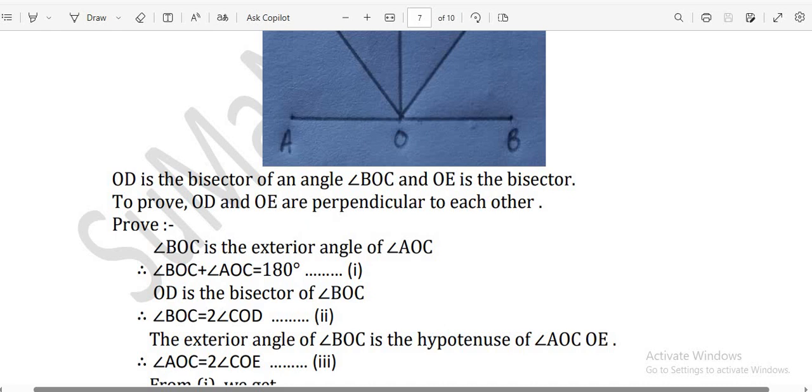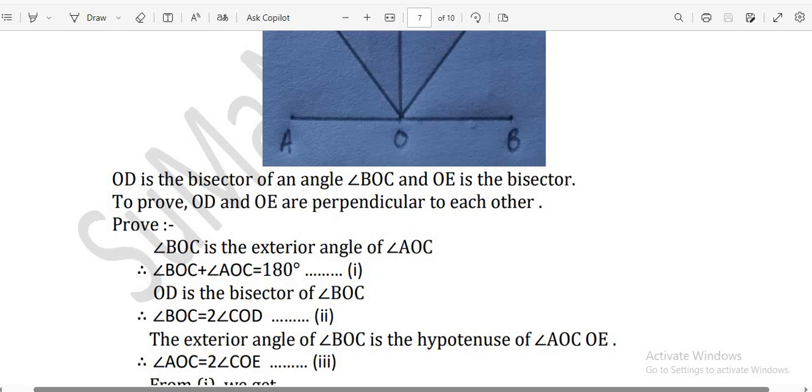Angle BOC plus angle AOC is equal to 180 degrees, equation 1. OD is the bisector of angle BOC, so angle BOC is equal to 2 angle COD, equation number 2.